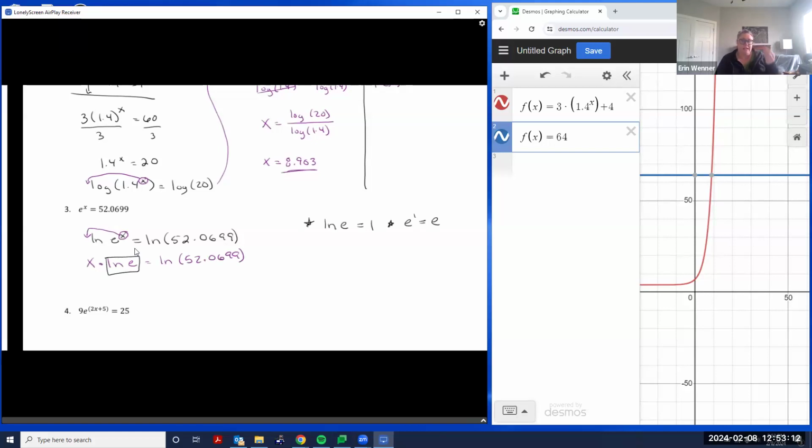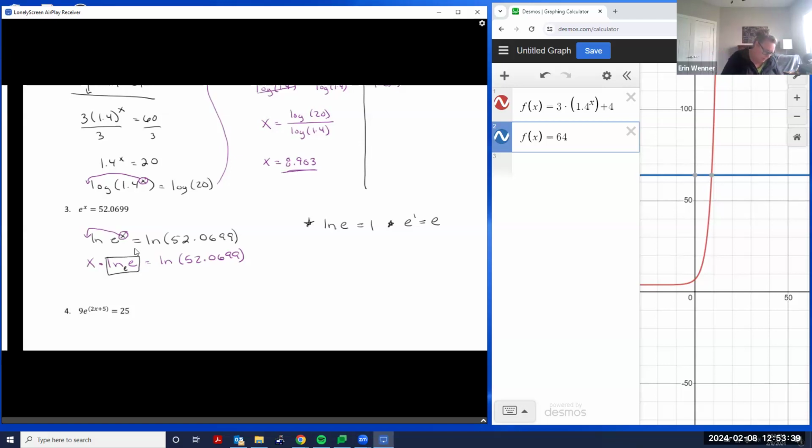So when we're taking the natural log of e, the statement is saying: e to what power equals e? There's this little assumed base right there. So e to what power equals itself? E to the first. And so we can replace that natural log of e with 1.